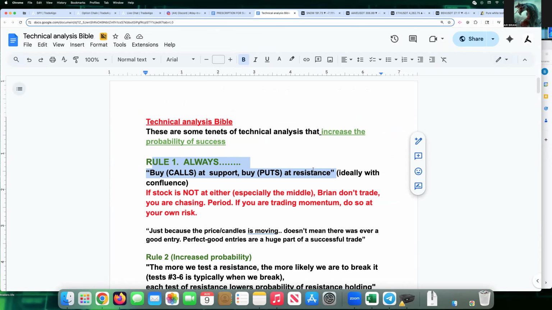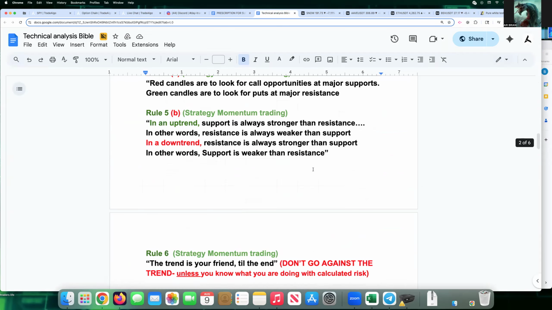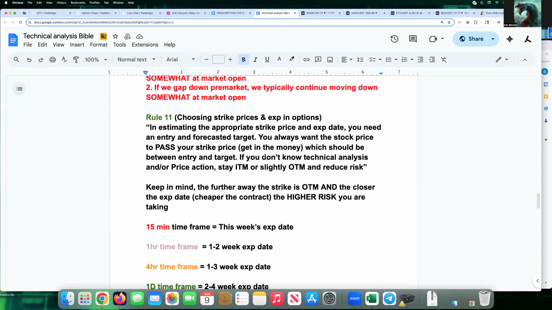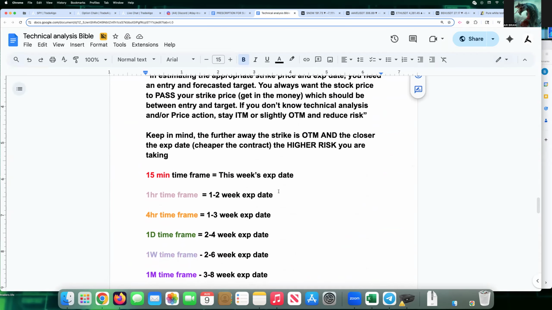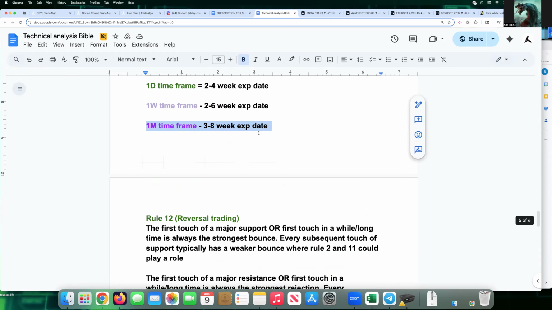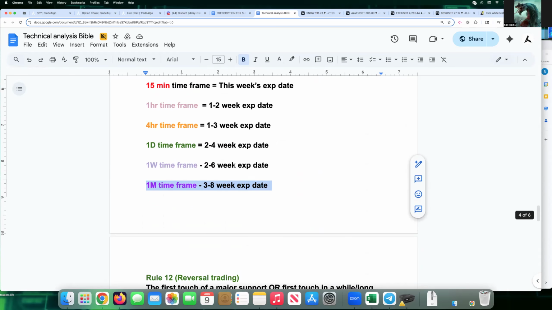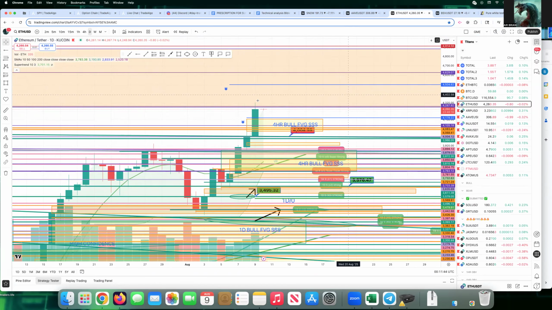Now, obviously, if you're buying calls and puts or longs and shorts, if you're using the monthly time frame, choosing strike prices and expiration dates, or basically what type of position you're getting into, you need to plan for holding that put or holding that short 3 to 8 weeks, right? So right now, it's very possible that that 3,600 might hit in the next 3 to 8 weeks.